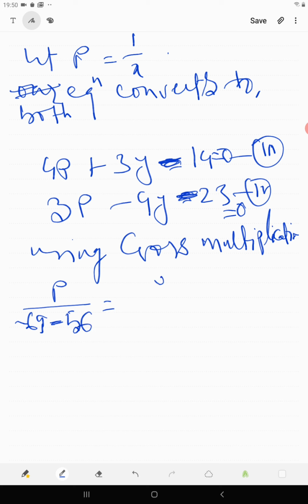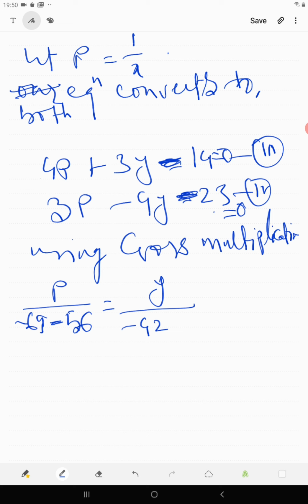Equals y divided by minus 14 into 3, minus 42, correct?